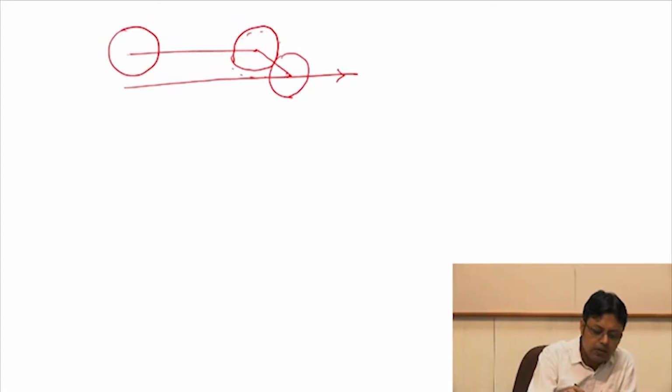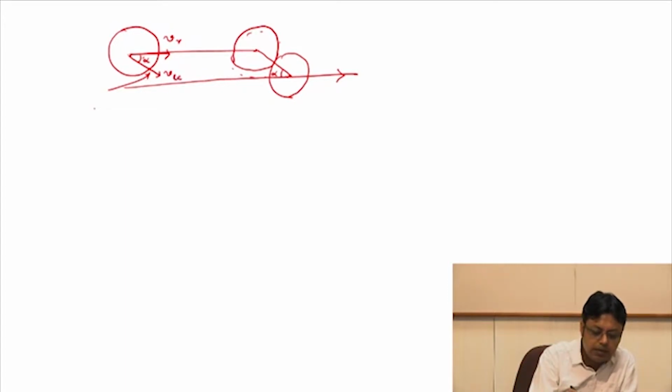For that, we say there is a V relative along this direction, and suppose it is making an angle alpha with respect to the second molecule. If this is alpha, the component of the velocity along this will be nothing but what I'm calling VLC.